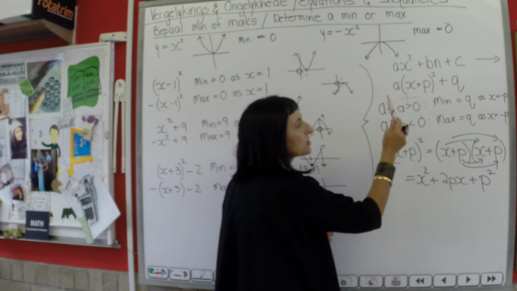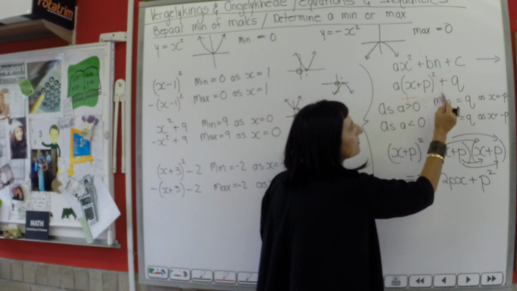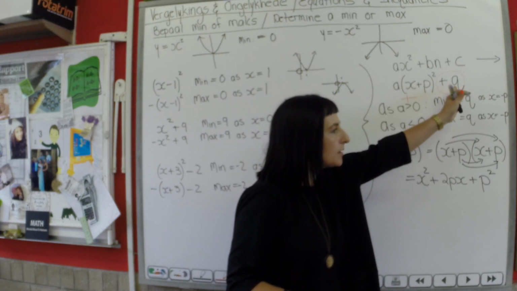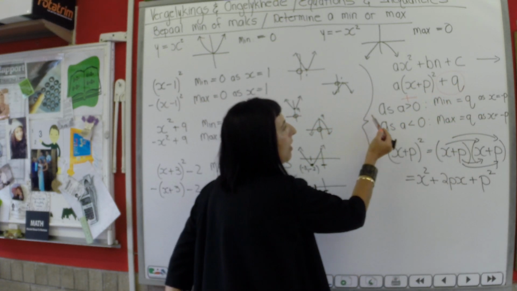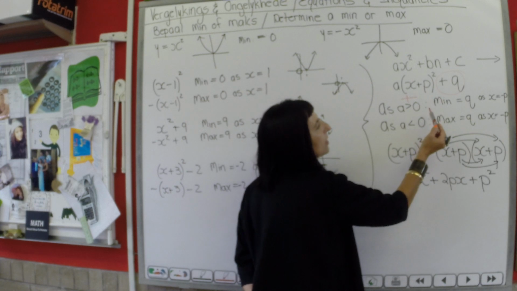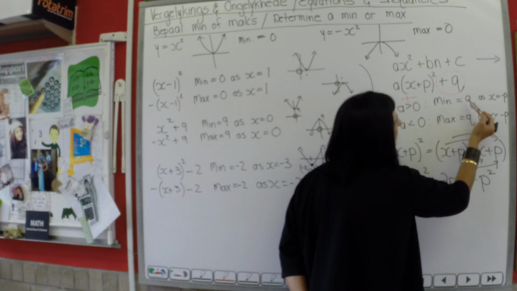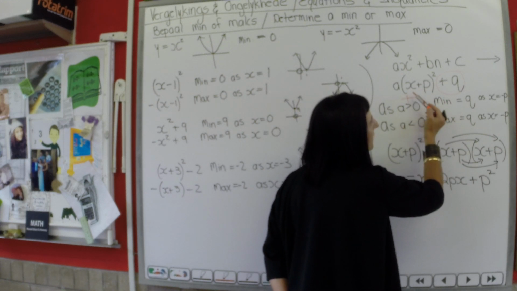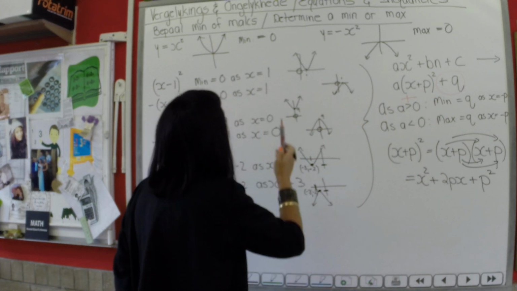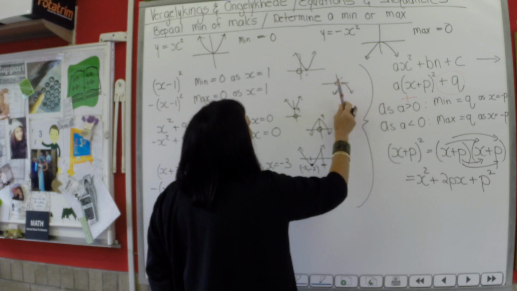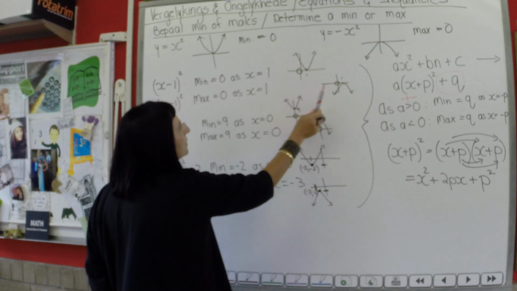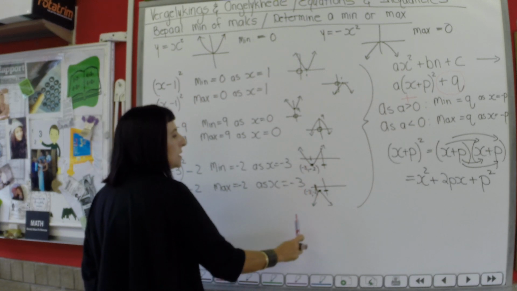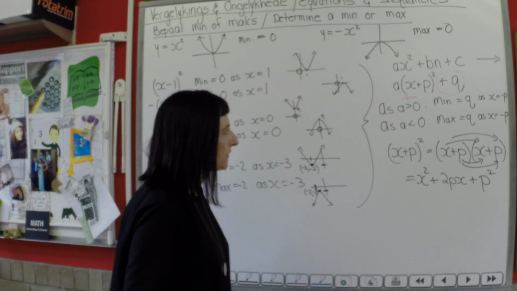If I complete the square, then I can get the minimum or the maximum out of that tail, Q. So as A positief is, dan het ek 'n minimum waarde wat gelyk is aan Q, as x gelyk is aan -p. So ek kry my x waarde daar. Hier was my x waarde 1, daar was my x waarde 0, hier was my x waarde -3, soos wat die parabool geskuif het.